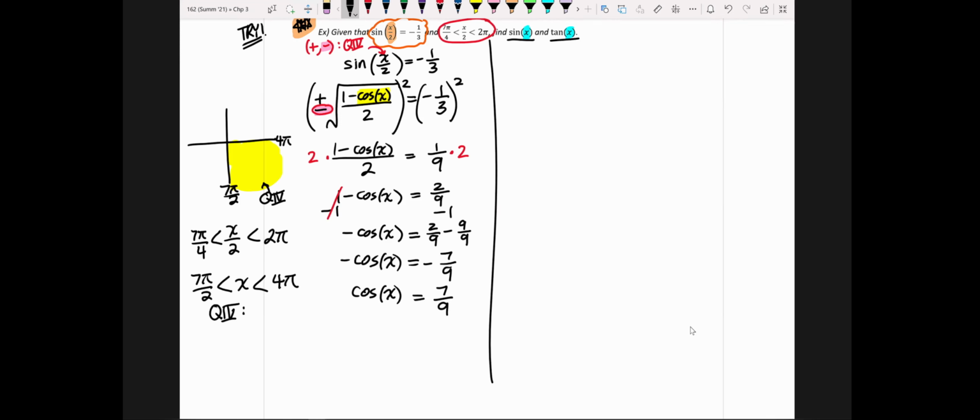So you have to pay attention. Are you finding the trig function at x or x over 2? If you're finding the trig function at x over 2, check the quadrant for x over 2. If you're finding the trig function at x, check the quadrant for x. Here it just so happens that x over 2 and x are in the same quadrant, but that's not always the case.